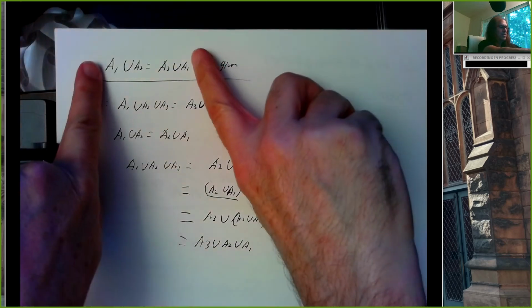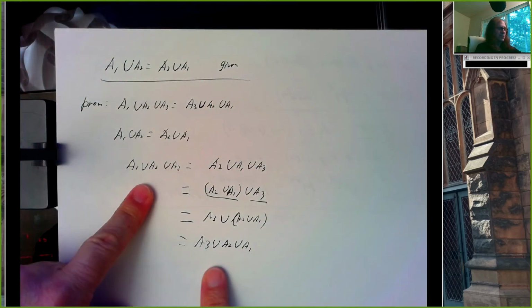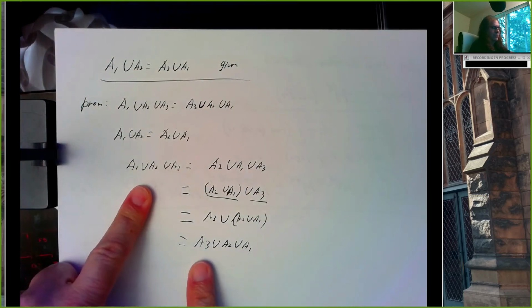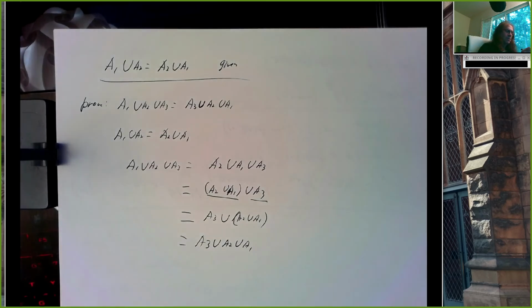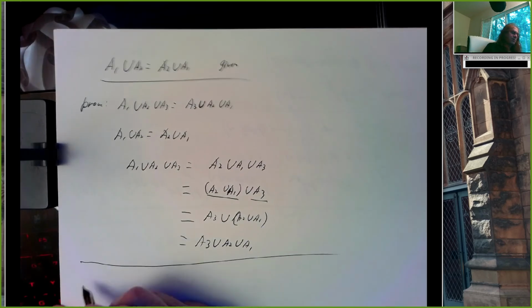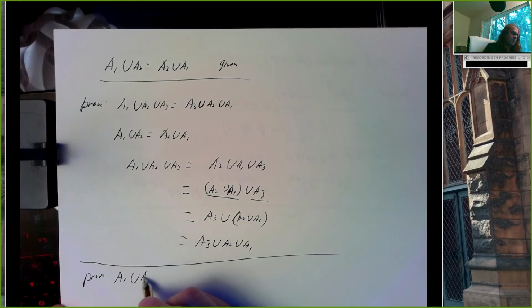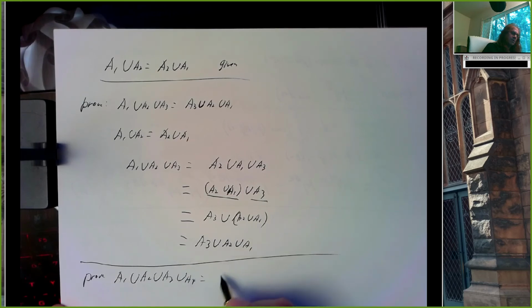And so by knowing this, I can prove this. This is equal to this. Now suppose I wanted to prove this.